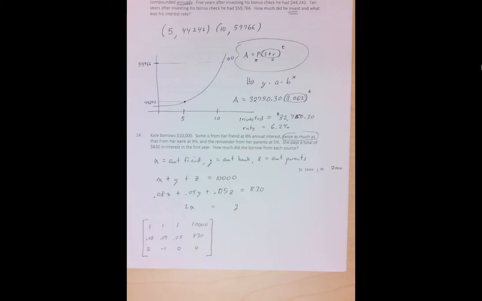So, gang, I've got a 3 by 4, so I'm going to have 1, 1, 1, 10,000, and 0.08, 0.09, and 0.05, so my interest is going to be 830, and then I have 2, -1, 0, 0.